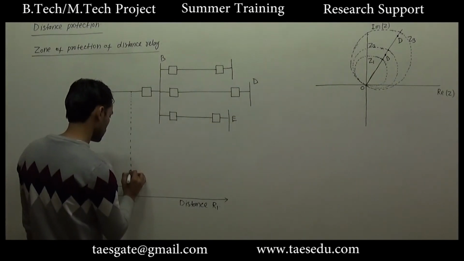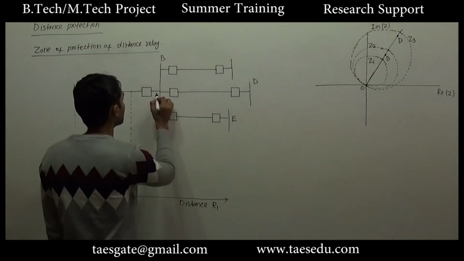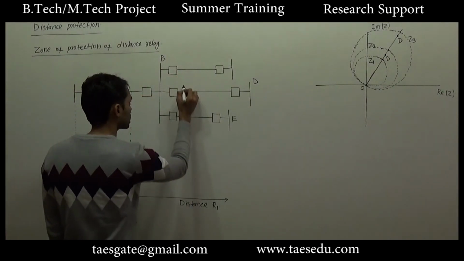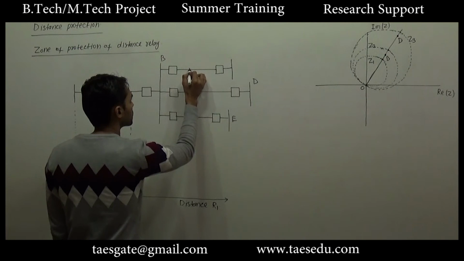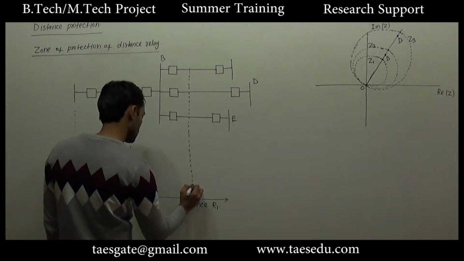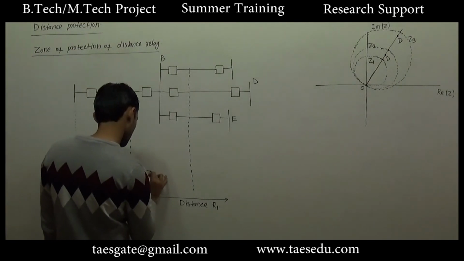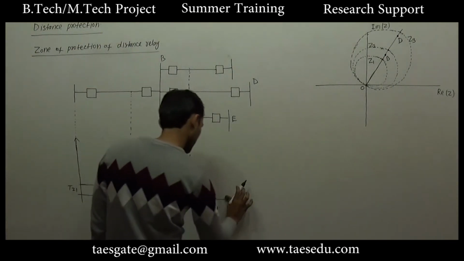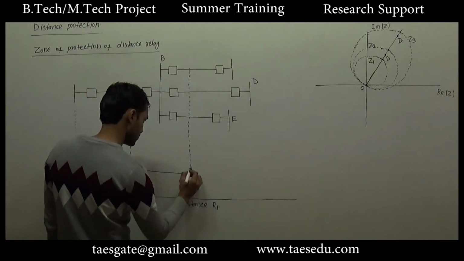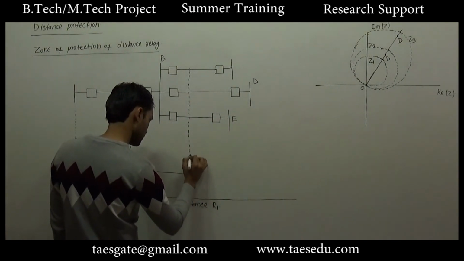So reach of zone 2 protection is 120% of primary line. And after this point, zone 3 protection will start.